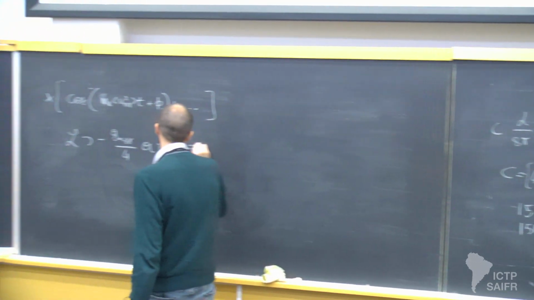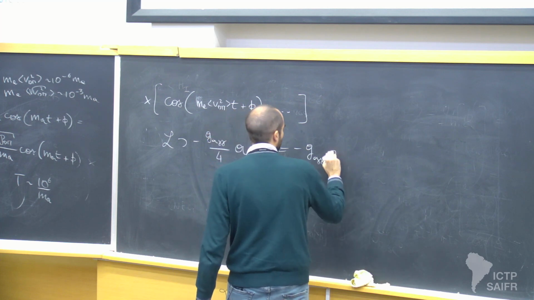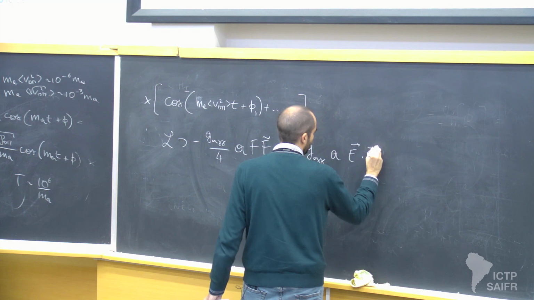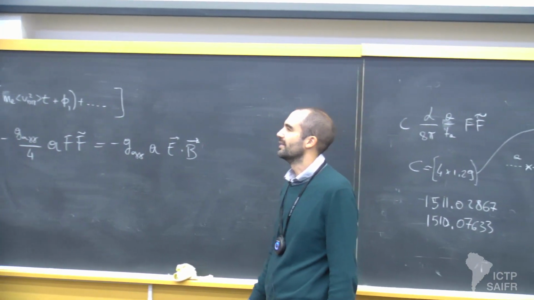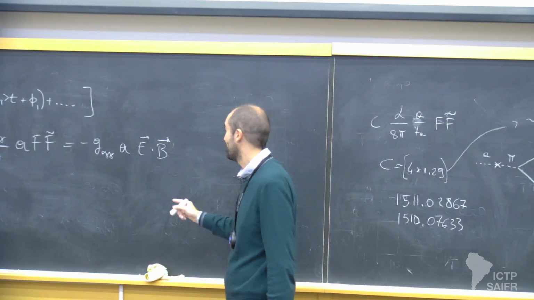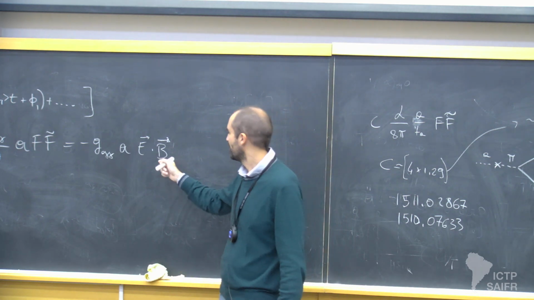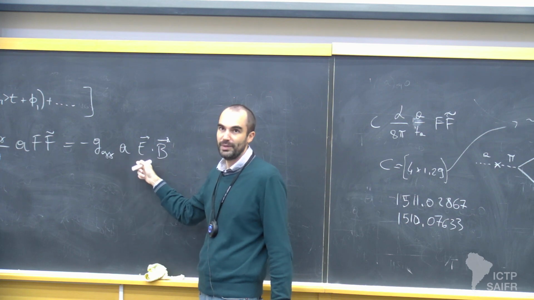If you write this object in terms of electromagnetic fields, you're going to find the following result. In less than 5 minutes, I'm not going to be able to tell you much more than this, except that the standard idea is that you turn on a magnetic field in the background, and then the axion is mixing with the photon.